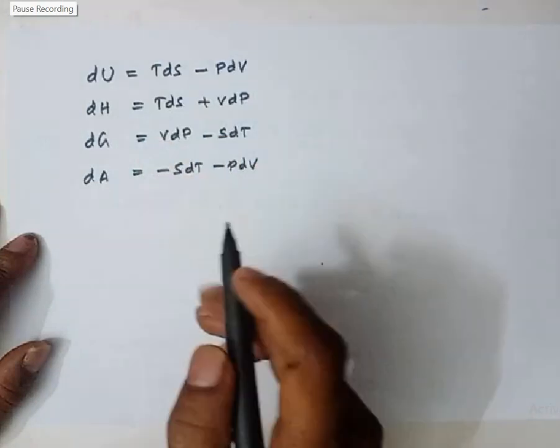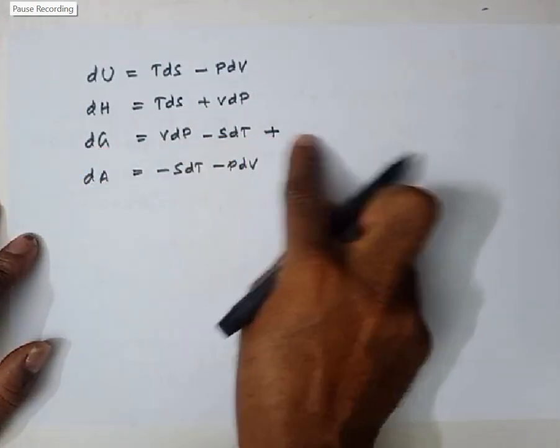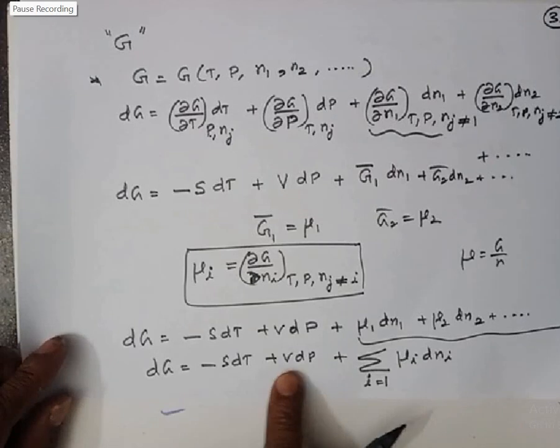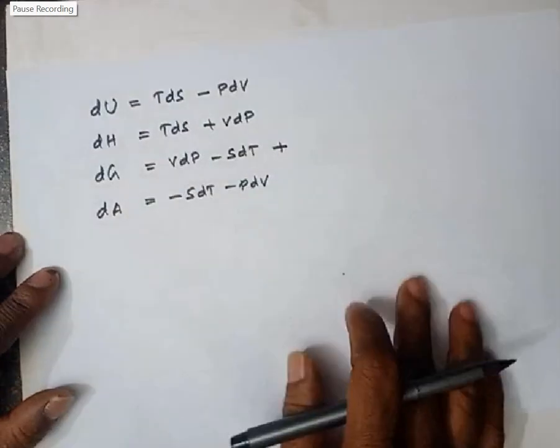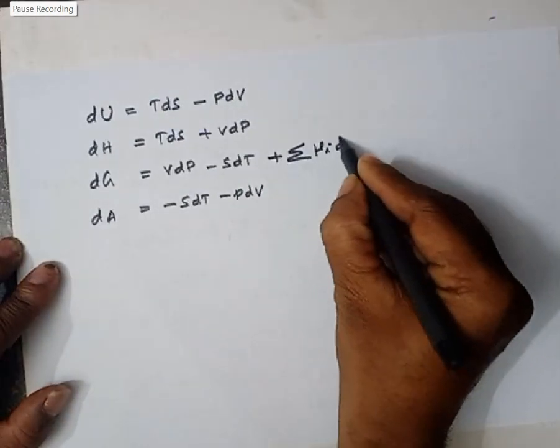With many components. Just now we discussed Gibbs free energy, and you get an additional term. See this: VdP and minus SdT are there, and we have an additional term. So in dG, I'm giving you an additional term, which is the summation of mu i into dNi.